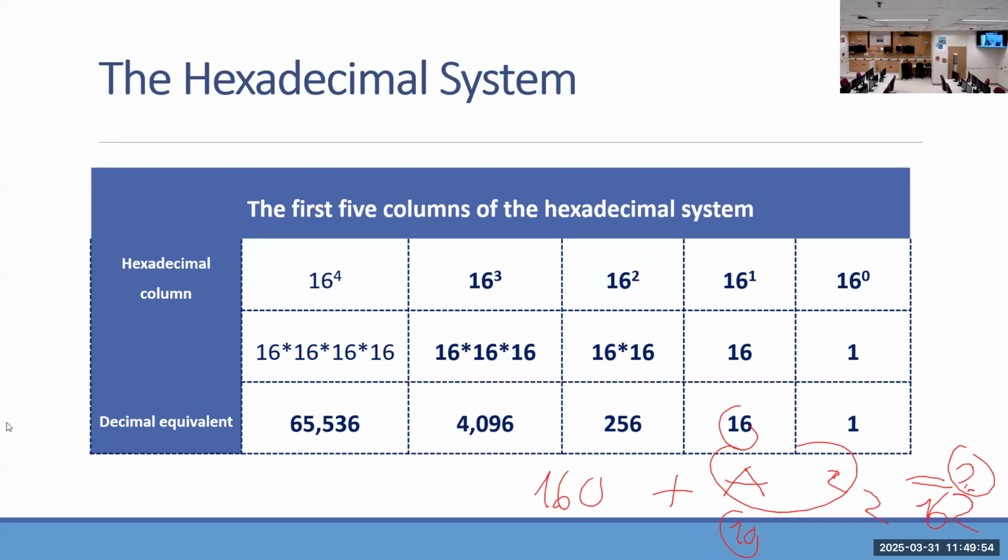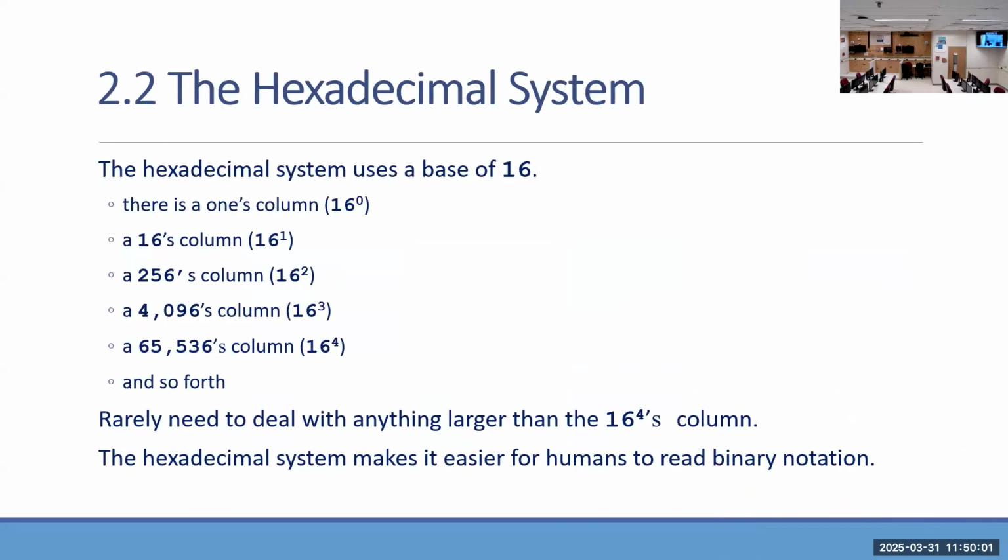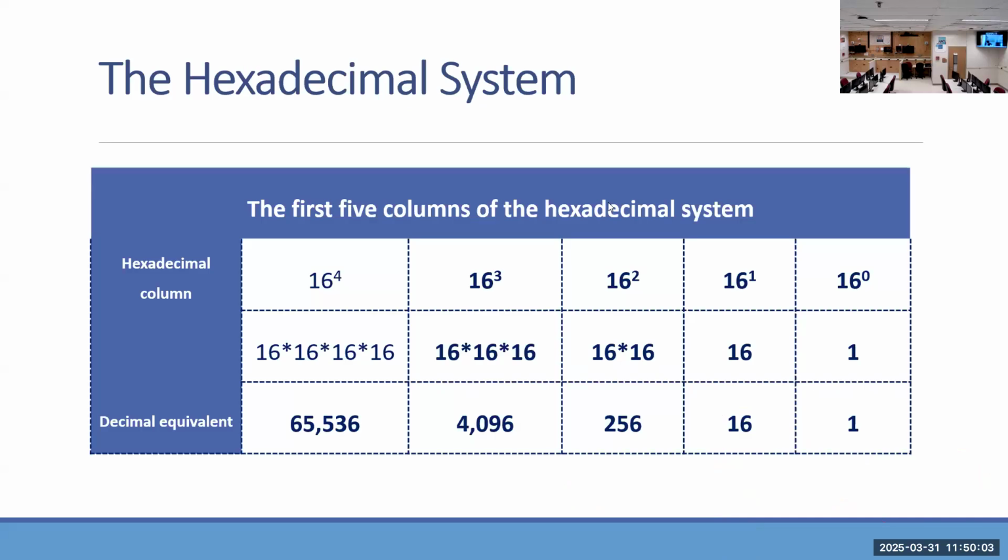Now, what happens if I want to convert the number 200 from decimal into hexadecimal? How do I do it? I do the same process, working from left to right.